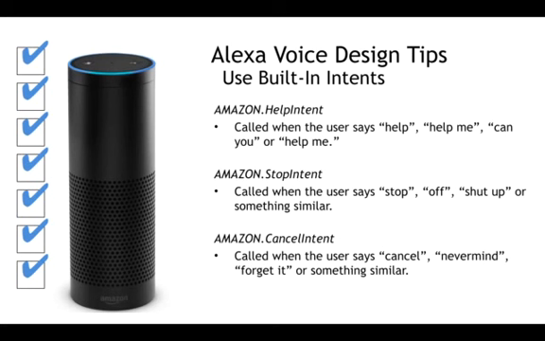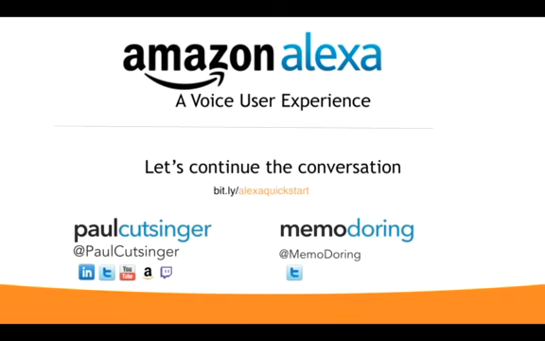We've taken a bunch of sentences or words that mean help and put them in there. But if you want to add your own, you can also add them to these intents, if there's something really specific for your skill, but it's really encouraged for you to do that. There are more of these. If you want to look at them, you can always just Google Alexa built-in intents.